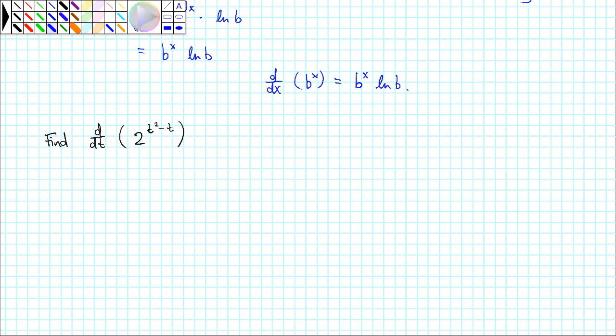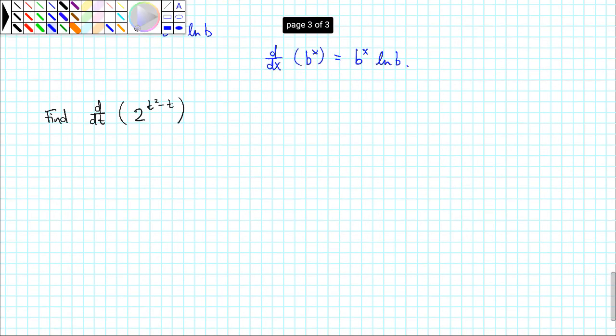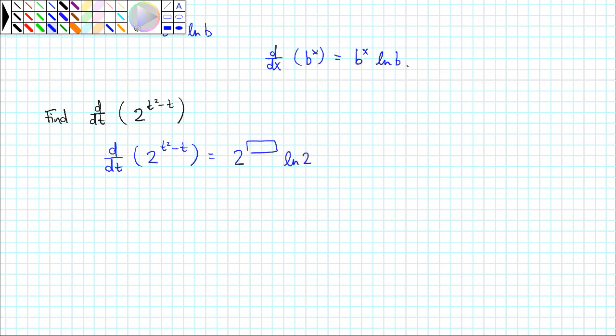So if I want to find the derivative of this function, in this case b is 2, so the outer function is the exponential base 2. The derivative with respect to t of 2 to the t squared minus t is, the outer function is exponential base 2, so it is 2 to the something times the natural log of 2. That's the derivative in terms of that exponential.